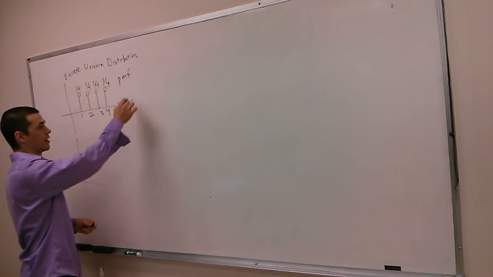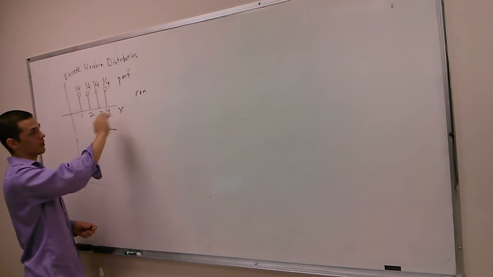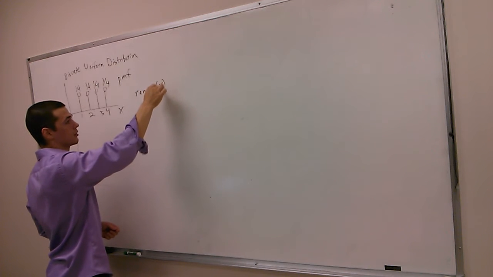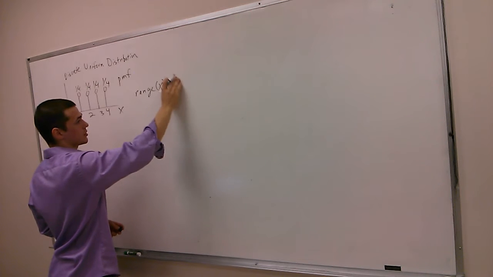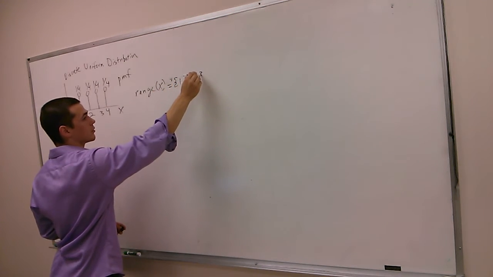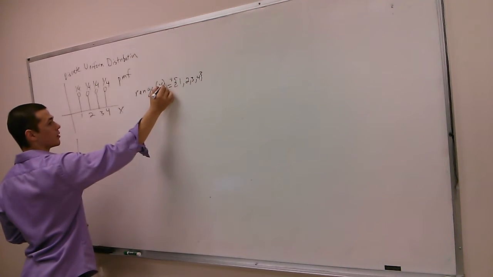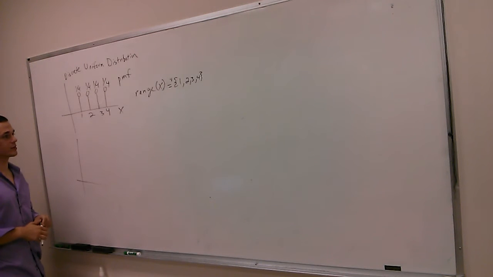Let's call this the random variable x, this is the distribution of the random variable x, and the range of x is, let's say, equal to 1, 2, 3. The probability of x taking on any other value is 0. You can look at it a few different ways, but it takes on these values with equal probability.